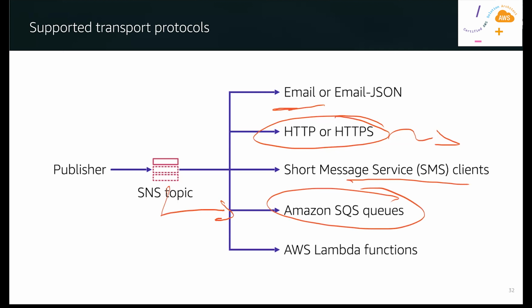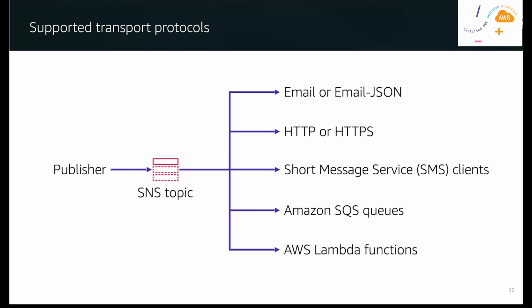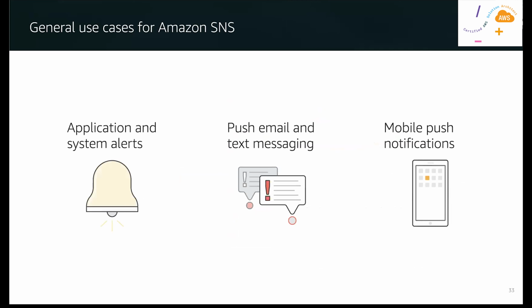And the last thing you could do as well is wire SNS with an AWS Lambda function, so it will trigger a Lambda function. The use cases for Amazon SNS: it will be used for application and system alerts. It will be used for push email and text messages, which is what we normally call in this business push notification.